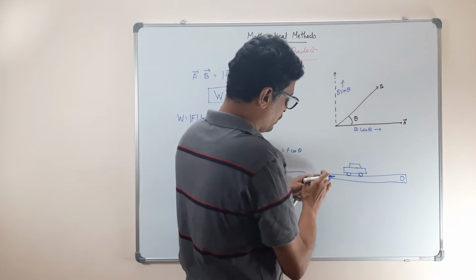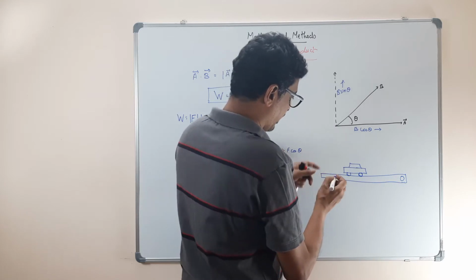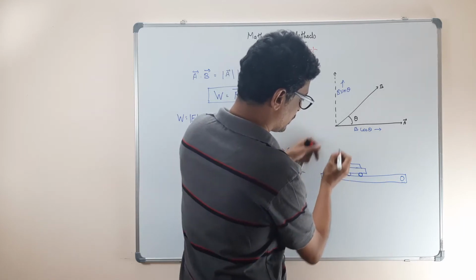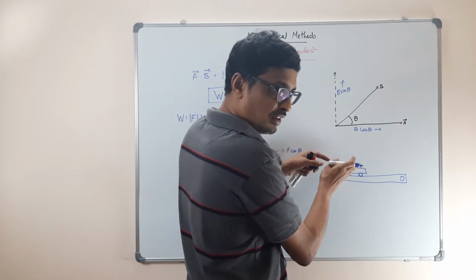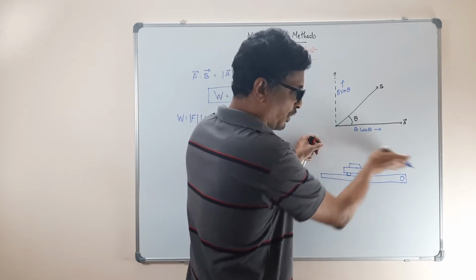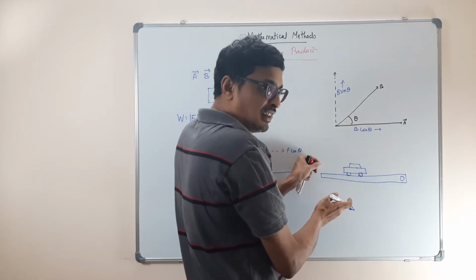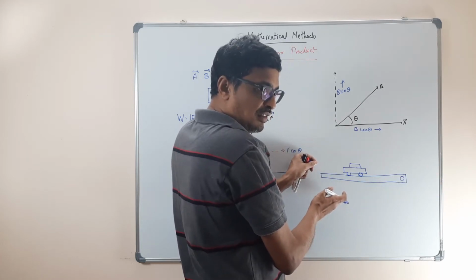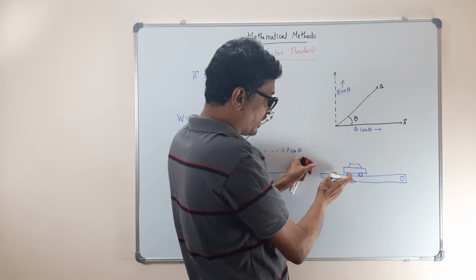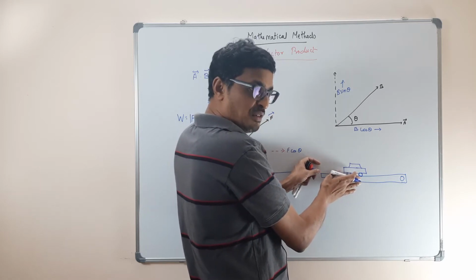Correct? So when I raise it slightly, what happens? When I raise it a large amount, the car will roll down. When I raise it a little bit, will the car roll down? Slowly, it may not even, because the friction is there. So the car will not.